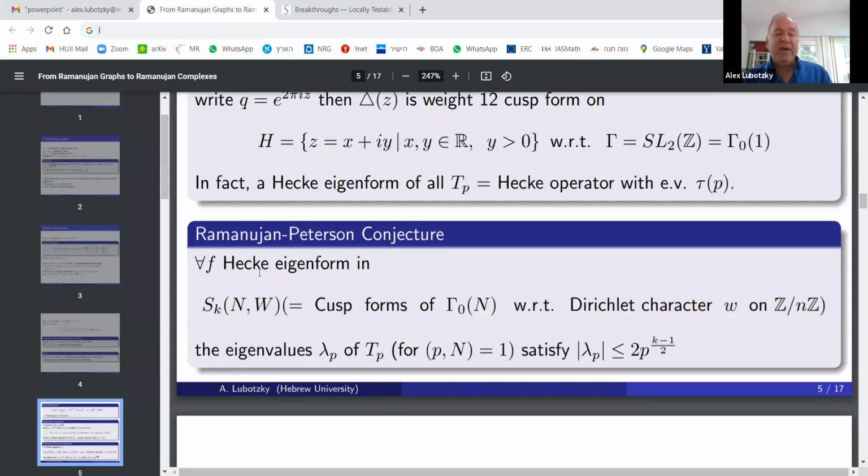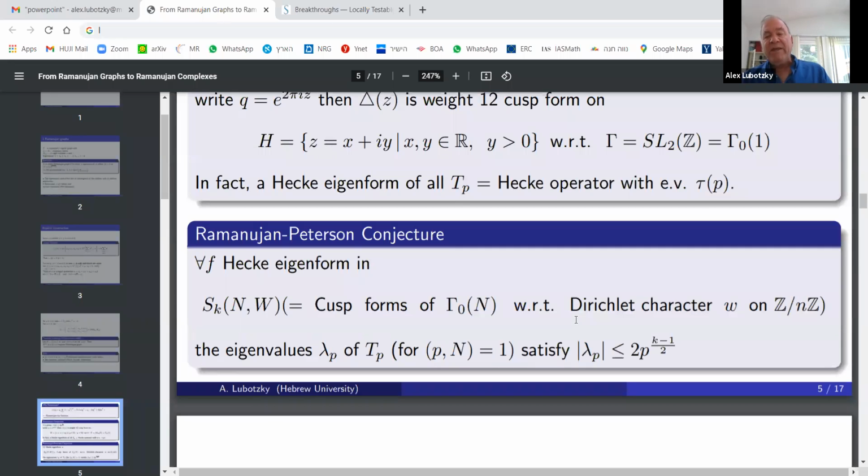f is any Hecke eigenform, and S_k and W are the cusp forms of the Hecke congruence subgroup gamma 0 n. I assume that in this audience most of you know what this is, but if not, it doesn't really matter. I'm not going to use it.